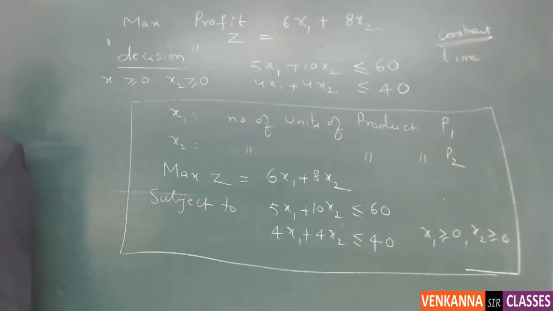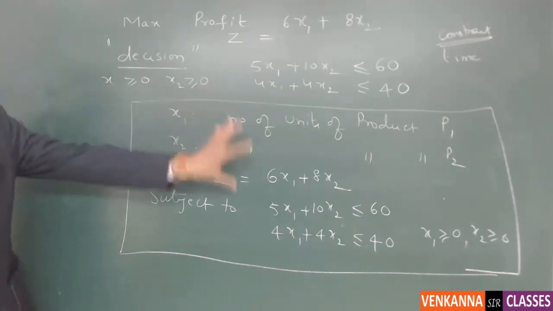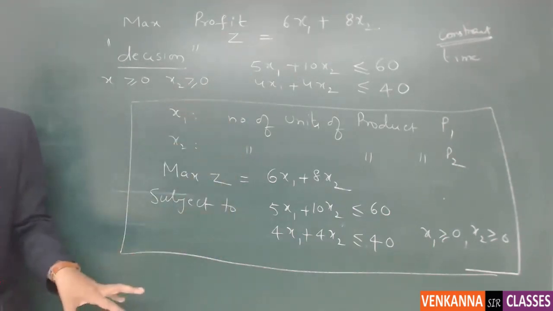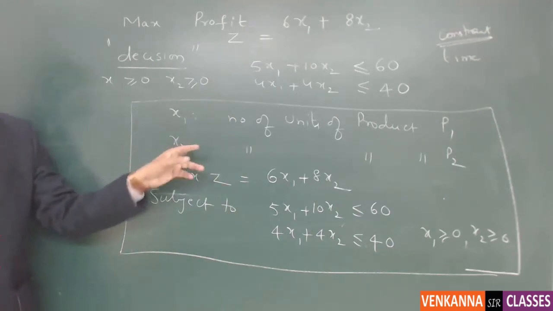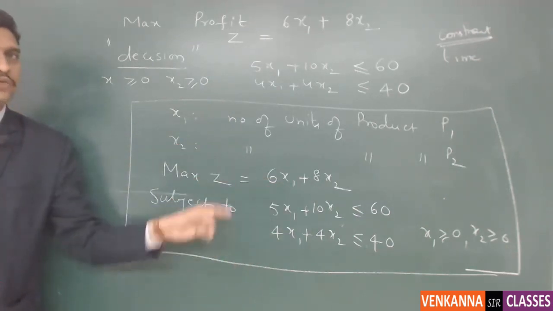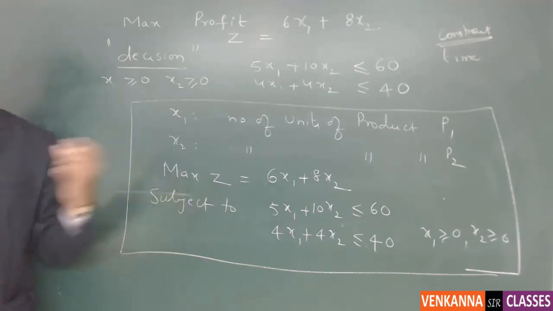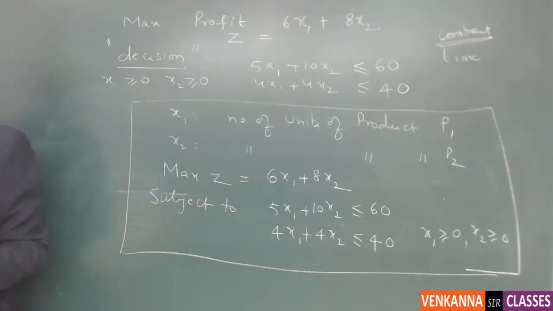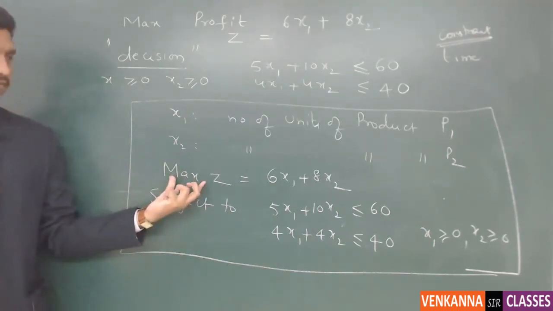Whatever linear programming problem we take usually looks like this: what the variables stand for, what constraints we are taking, and what our objective is. So on looking at a linear programming problem, we have to identify that it has an objective function.